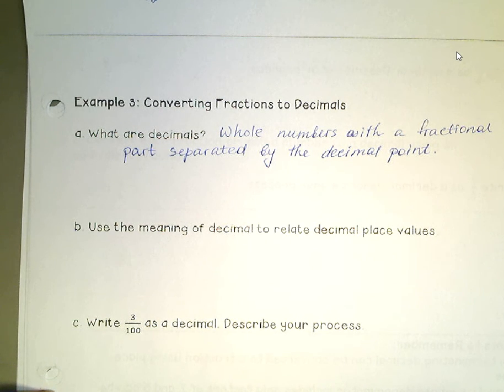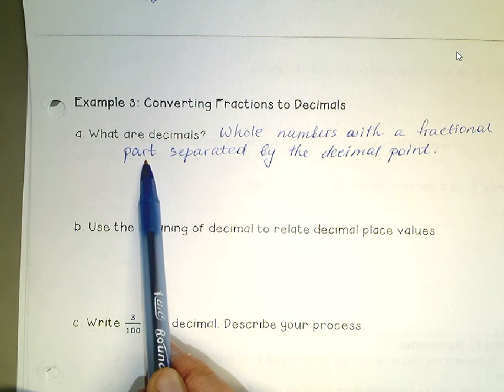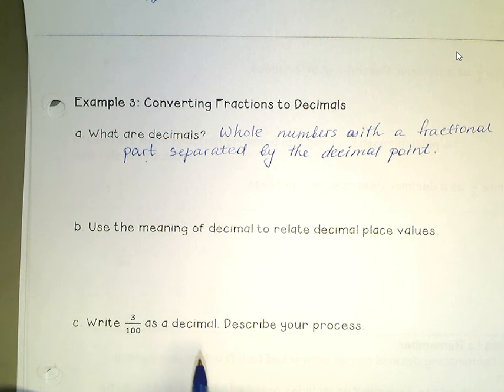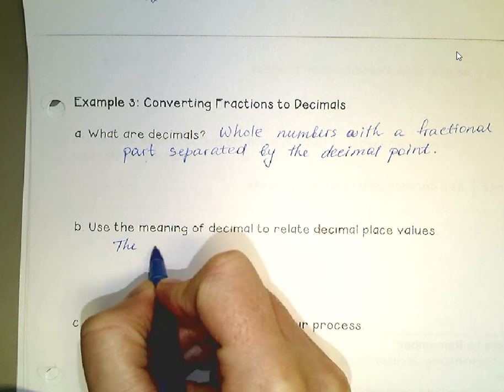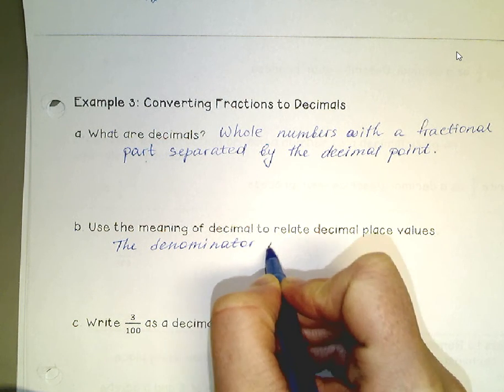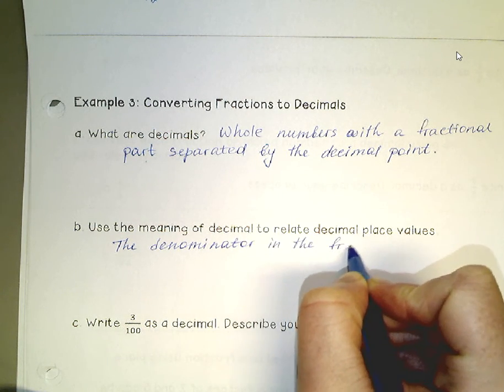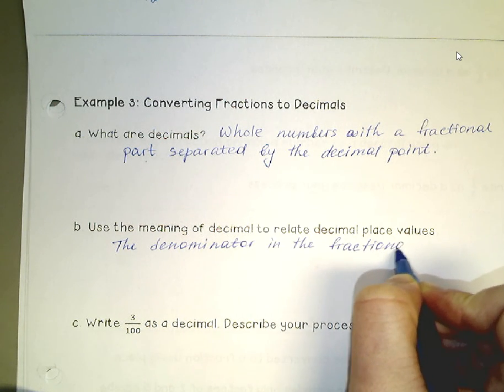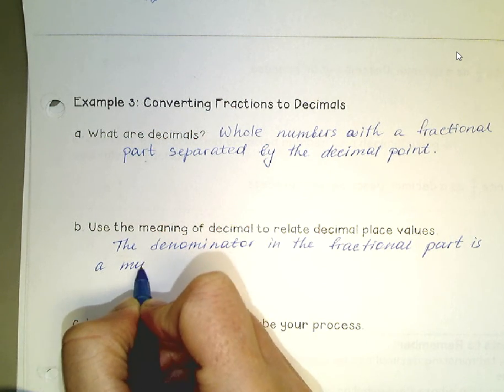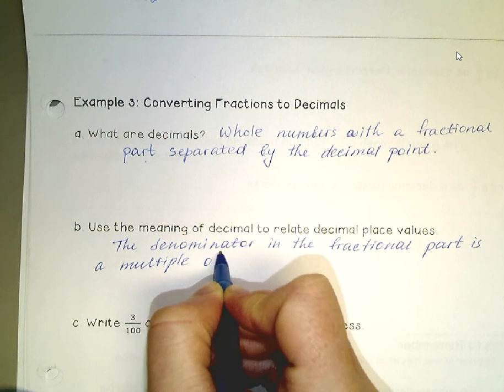Use the meaning of decimal to relate decimal place values. So we can say the denominator in the fractional part is a multiple of 10.